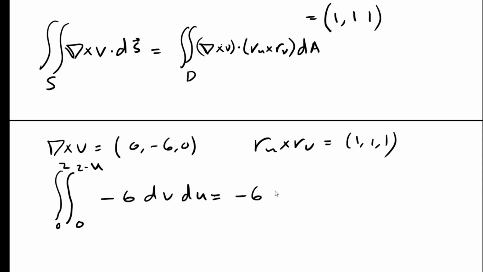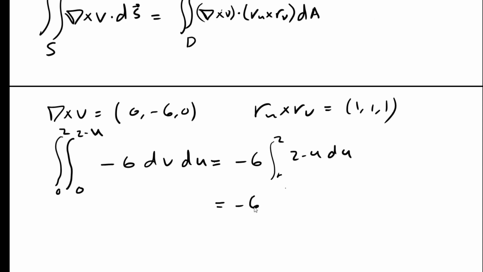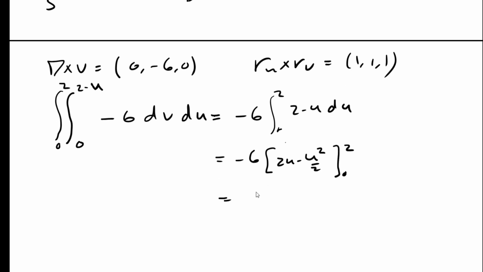This becomes -6 times the integral from 0 to 2 of (2 minus u) du. Oops, no, I'm integrating this. So this is 2u minus u squared over 2 from 0 to 2. And that gives me -6 times (4 minus 4 over 2, that's 2), which is -12.